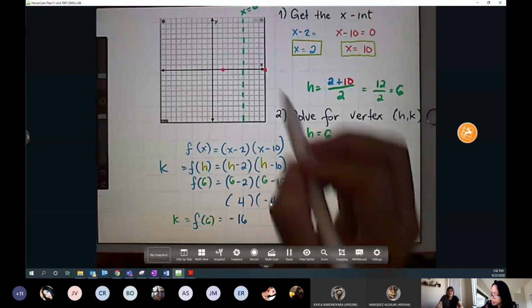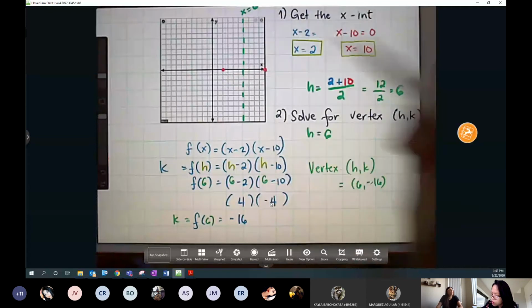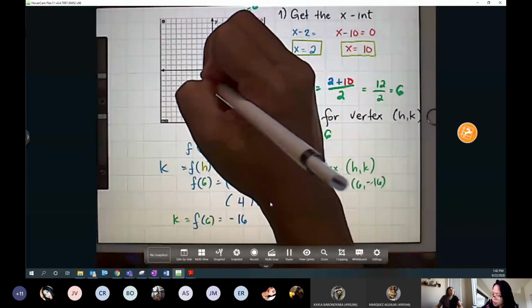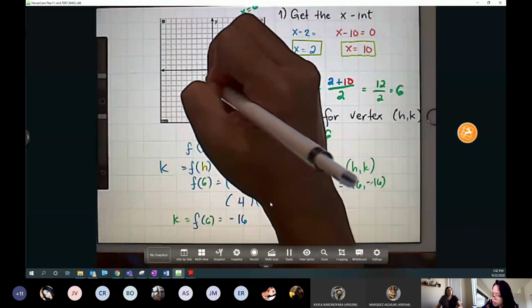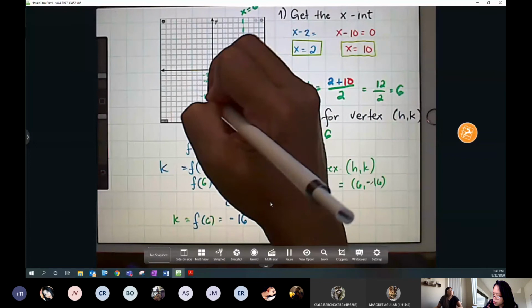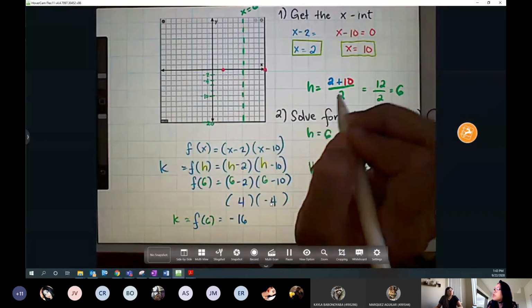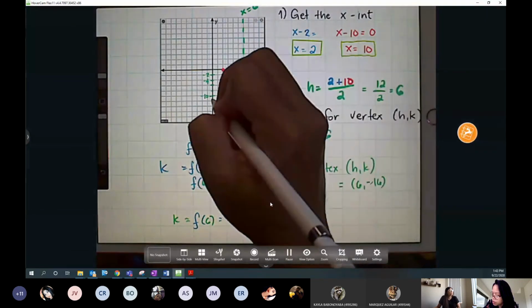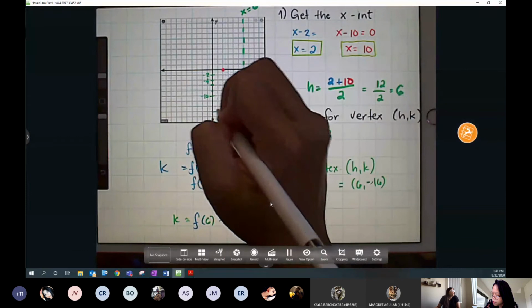Okay, and negative 16, if you make this by 2's, negative 2, negative 4, negative 6, negative 8, negative 10. And this is negative 20. 6 would be here.